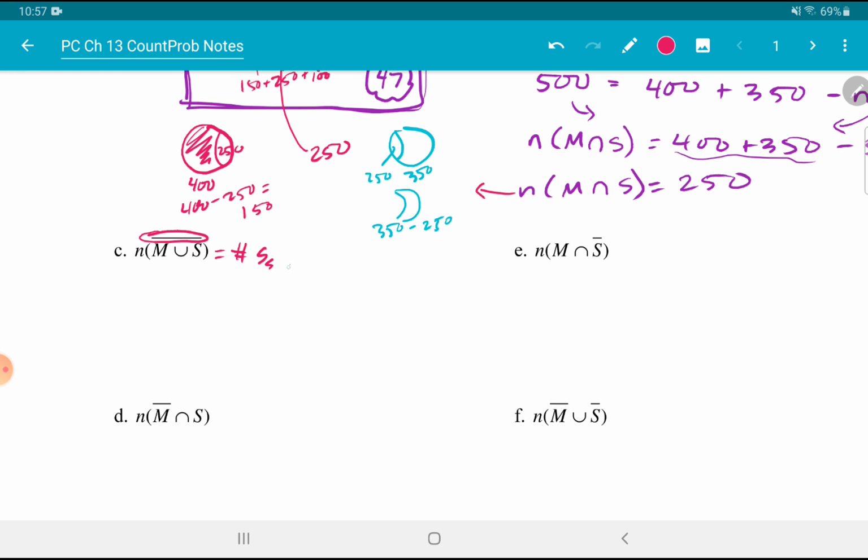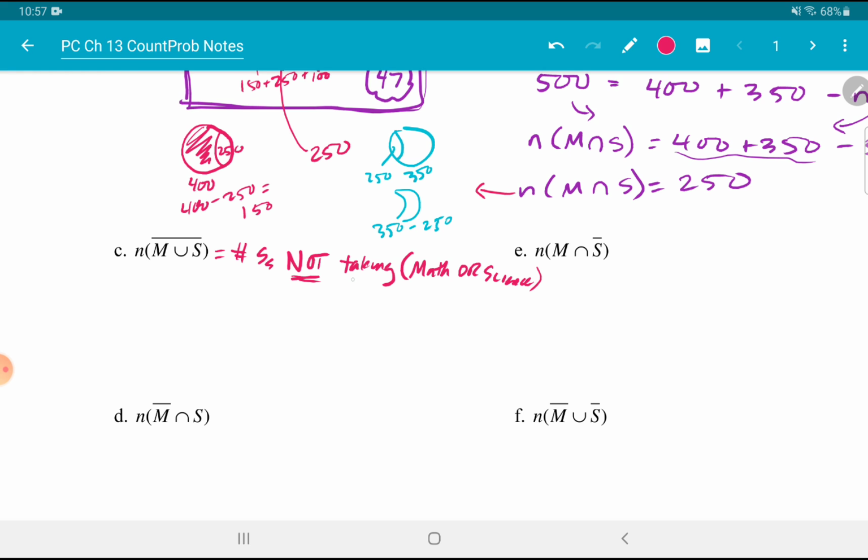This bar here means not taking. So what we're saying is the number of students not taking, and notice how that bar is above both math or science. The number of students not taking math or science.